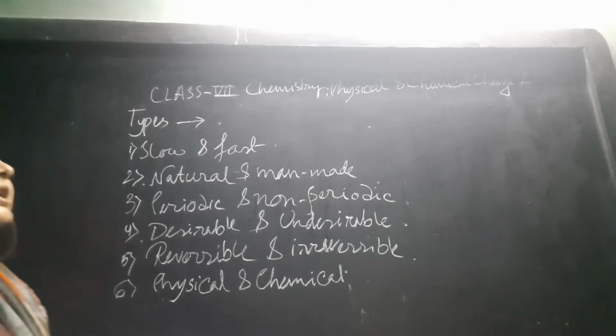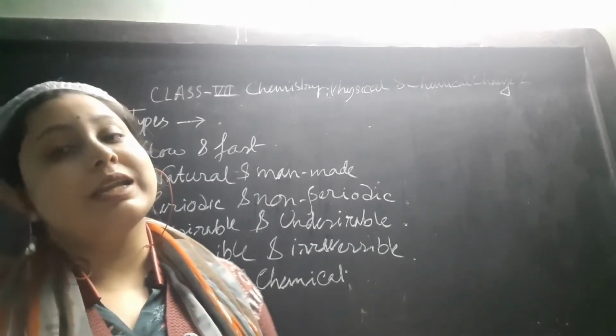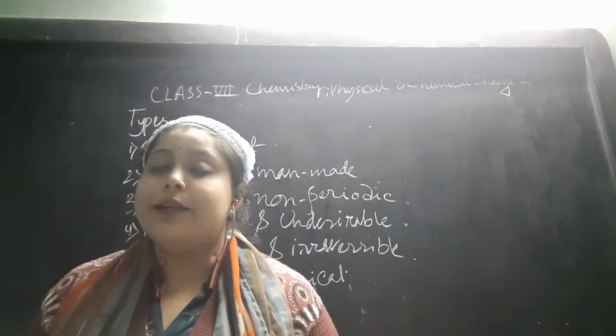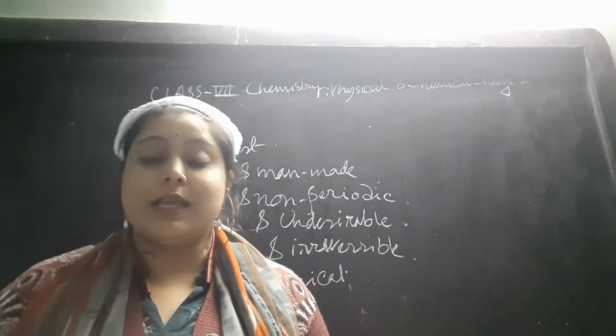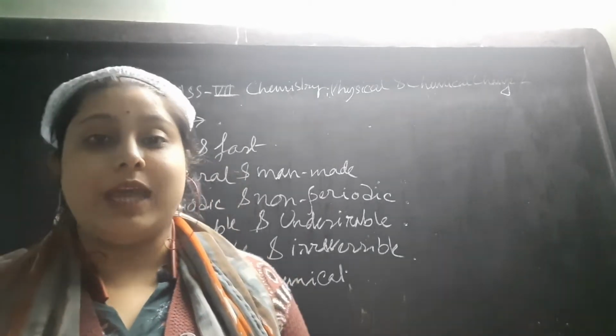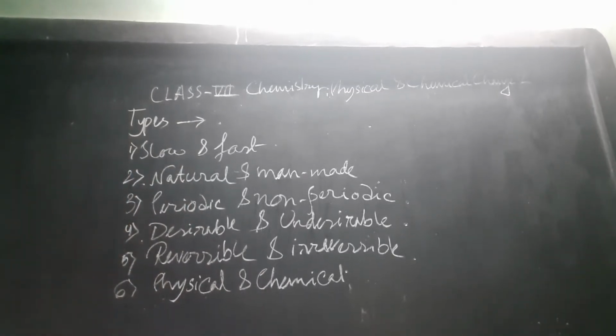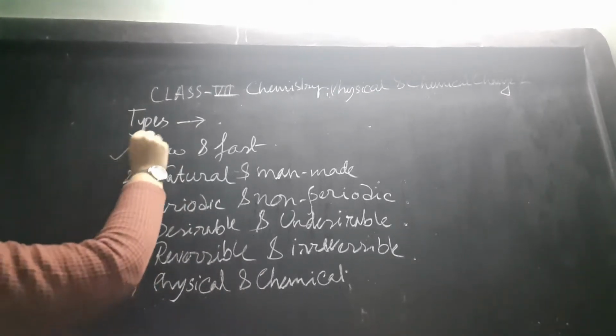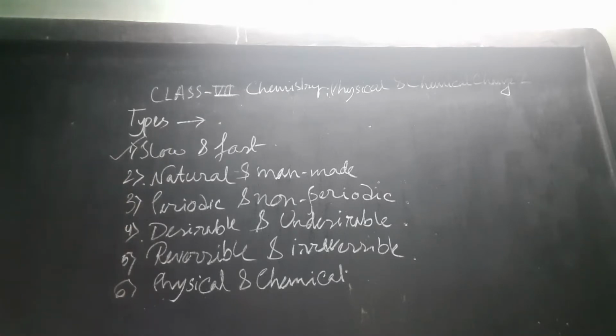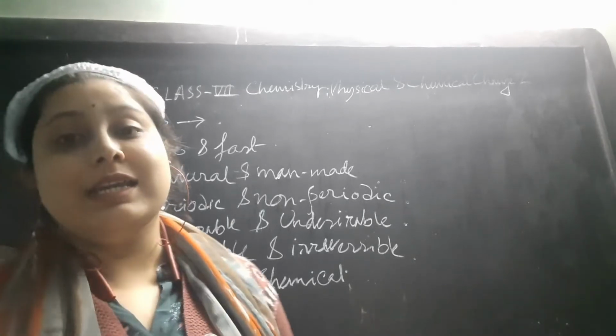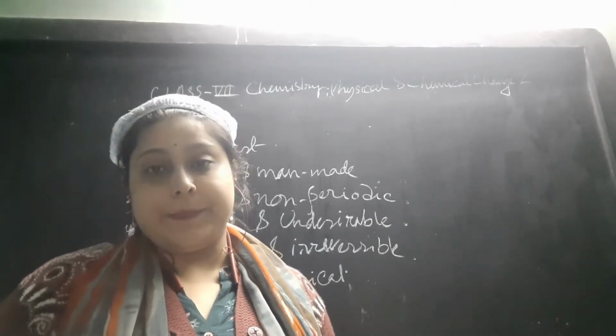In this chapter, it is mainly based on physical and chemical changes, and I told you that all the changes can be physical or chemical. But still, we are starting to discuss the slow and the fast changes. As the name suggests, slow changes means the change that needs a longer time.